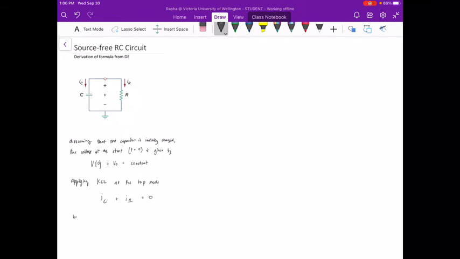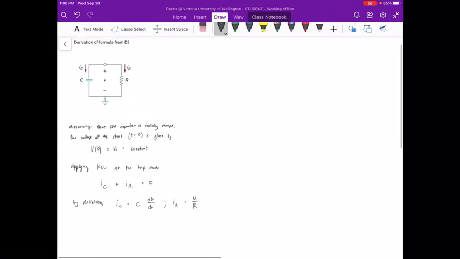And by definition, our I C, or our capacitor current, is given by C dV over dt, the derivative of voltage with respect to time, and our resistor current I R is equal to, by Ohm's law, V over R. So substituting this will yield C dV/dt plus V over R is equal to 0.